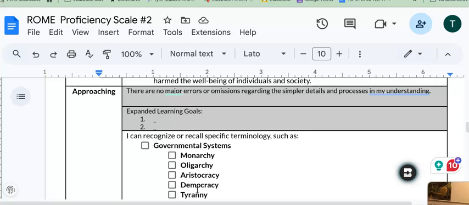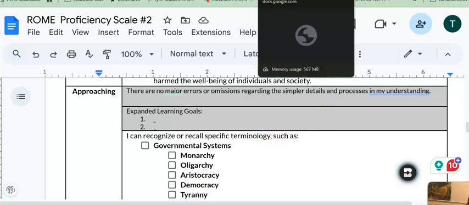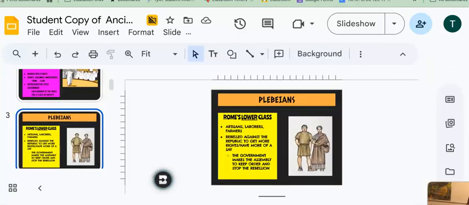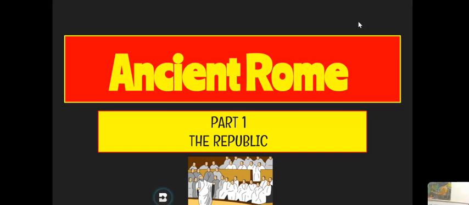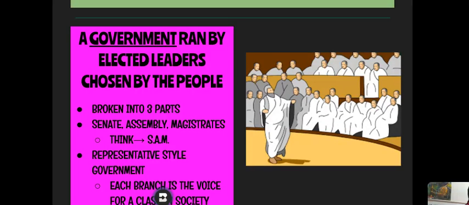To help you with that, on Canvas, there is something called visual vocabulary. So you will see that there's this slideshow that's in today's lesson, right? This gives you a list of the vocab words.